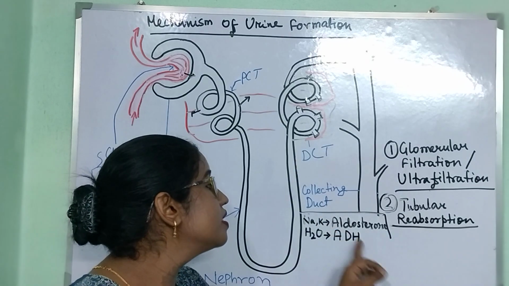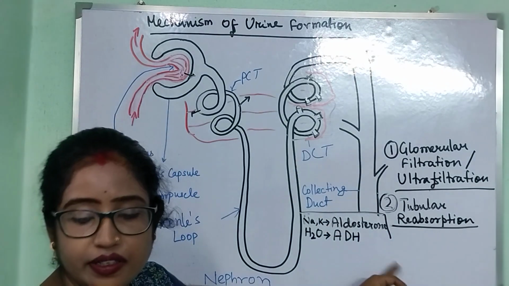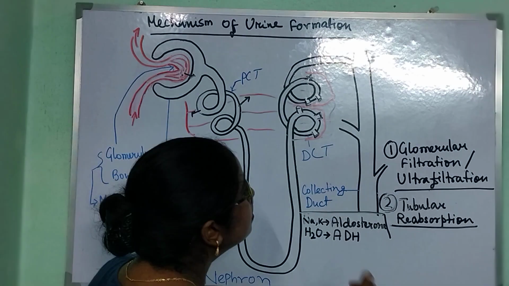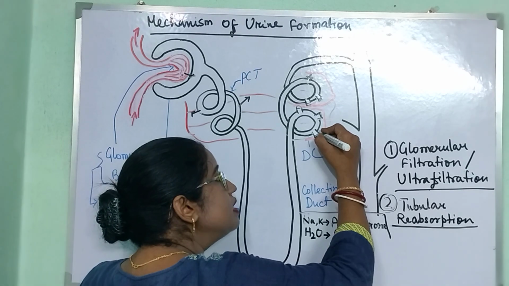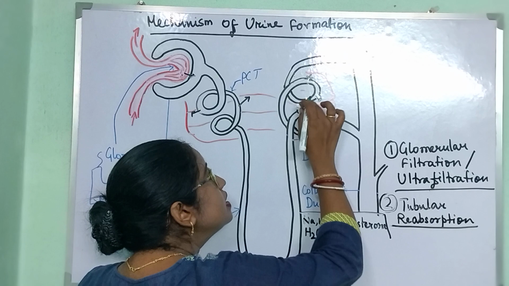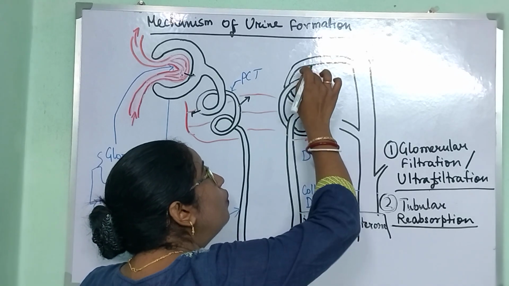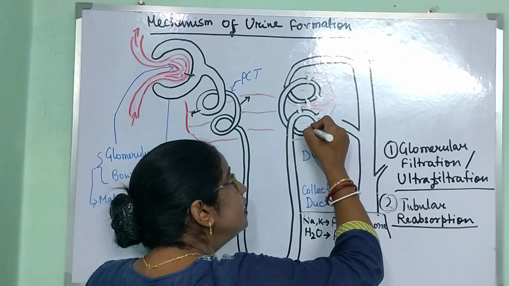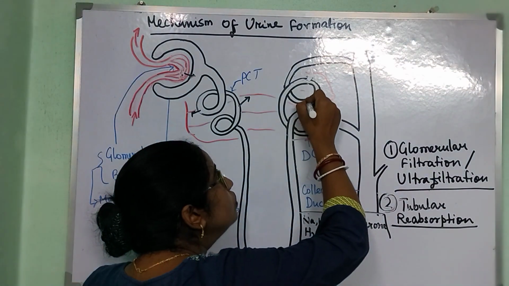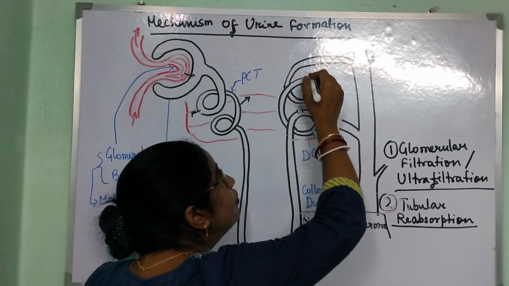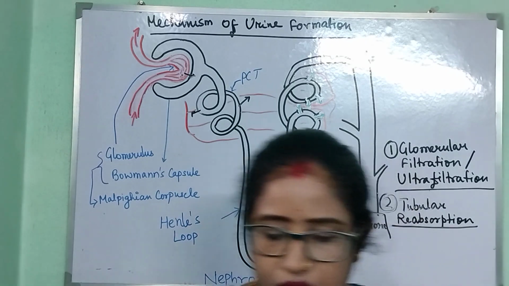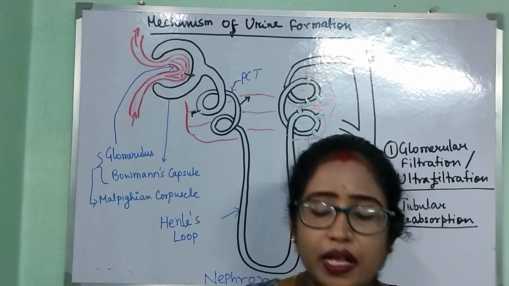So when the ADH and the aldosterone hormone pass via this blood vessel and open these gates, it acts like a key. It opens the door, and the sodium potassium or the water is expelled out, or reabsorbed, from the DCT to the renal blood vessel.